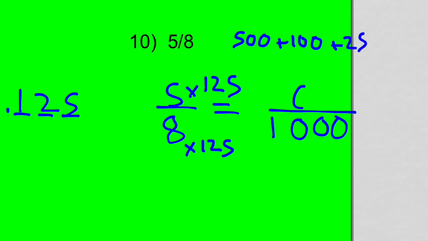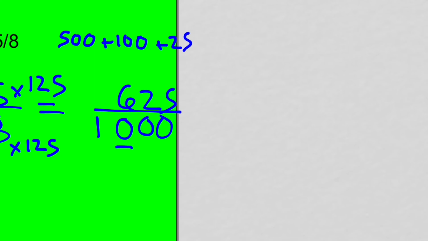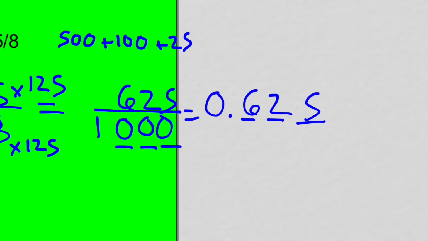That adds up to 625 out of 1,000. 3 decimal spots because there are 3 zeros. And in those decimal spots go 6, 2, 5. So 625 thousandths and a 0 in front.